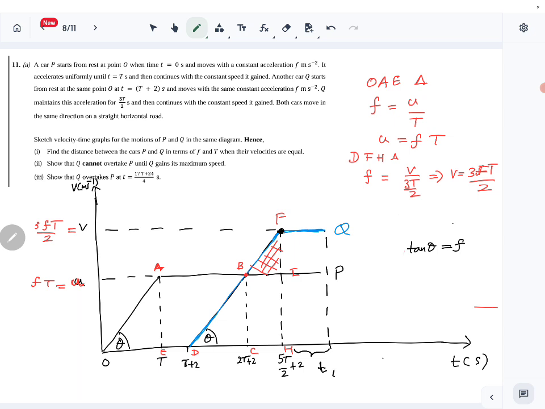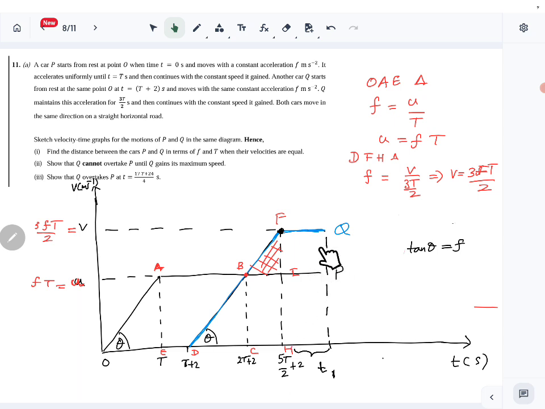So once both cars travel additional t1, let's assume that Q catches up to P. Then in this t1 time period, P travels what? U into t1 distance, Q travels V into t1 distance.